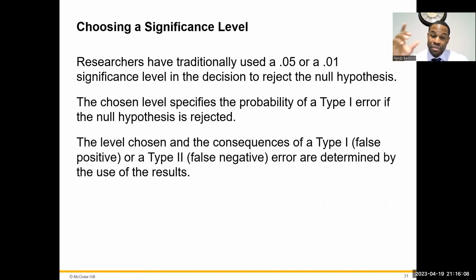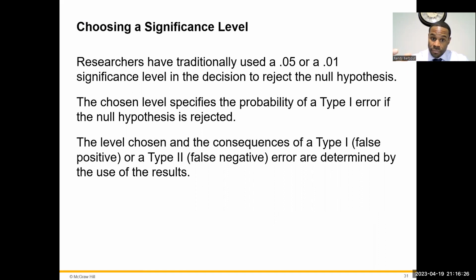But again, researchers have traditionally used 5%, 0.05, and 0.01. And this significance level is the decision to reject the null hypothesis. So choosing the level specifies the probability of a type 1 error if the null hypothesis is rejected.